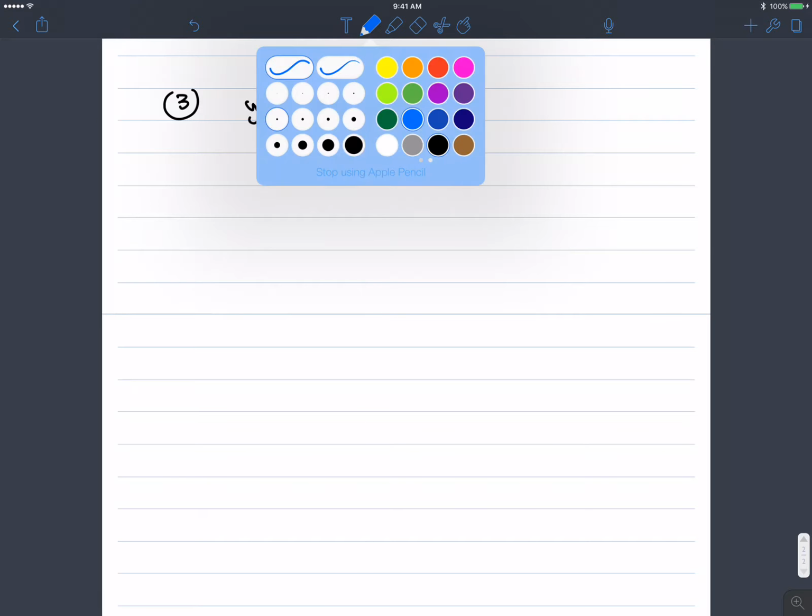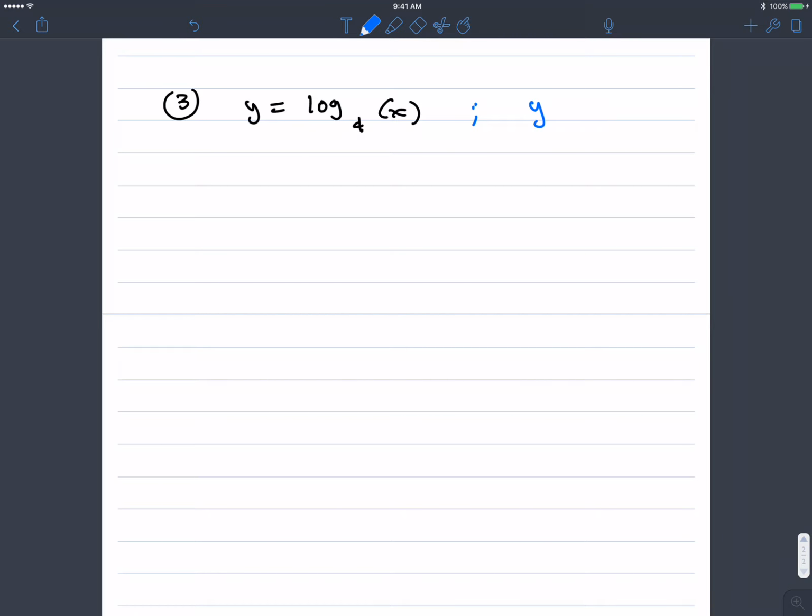Question number 3 looks like they want us to sketch y equals log base 4 of x. Again, remember where this comes from. This comes from the exponential function 4 to the x, where the inverse of 4 to the x power is log base 4.